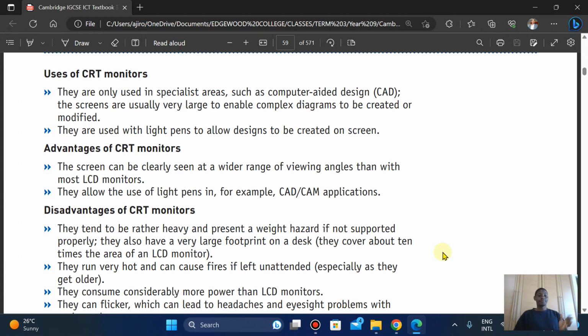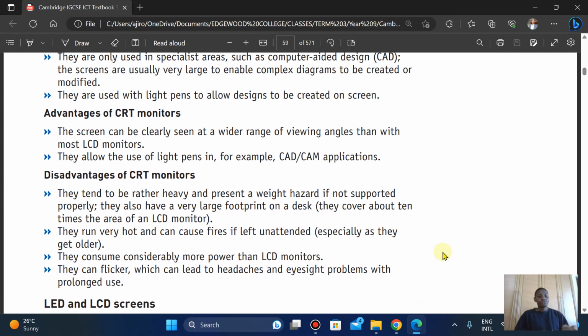Okay, a disadvantage is that all CRTs are heavy and they present a weight hazard if not supported properly. They also have a large footprint on a desk, so they can cover 10 times the area of that of the LCD. Because they're heavy, they run very hot and can cause fire if left unattended.